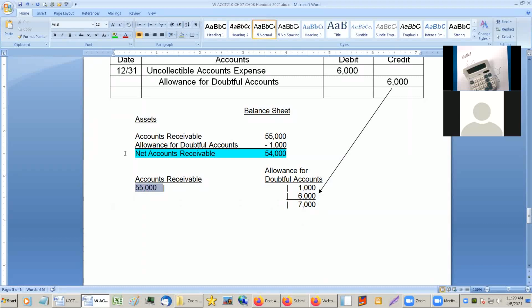So we have accounts receivable are that, and our allowance for doubtful accounts is that.